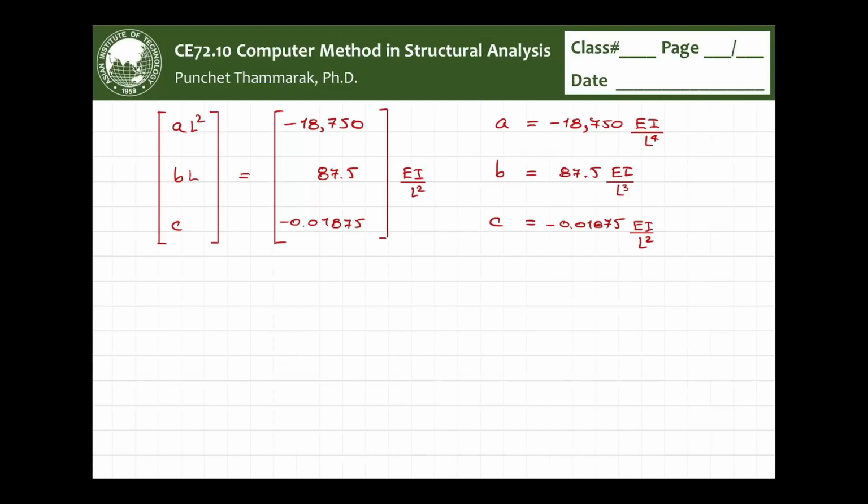And that makes the equation for F equal to minus 18750 u square over L square, plus 87.5 u over L, minus 0.01875 with nothing, and we break it up, EI.